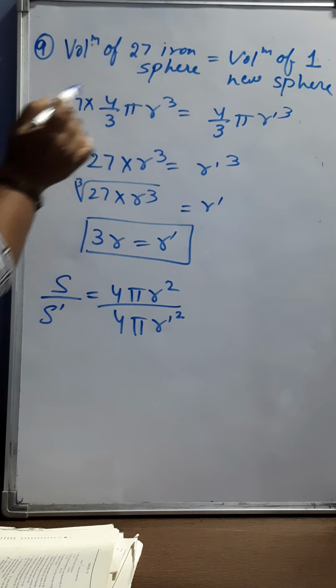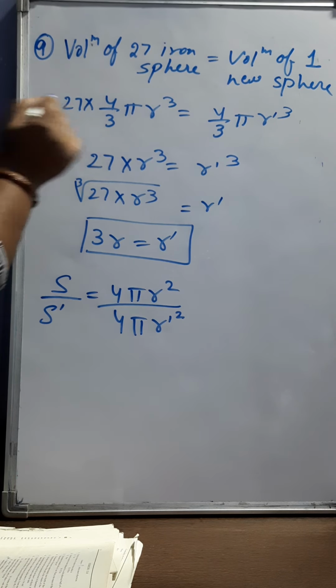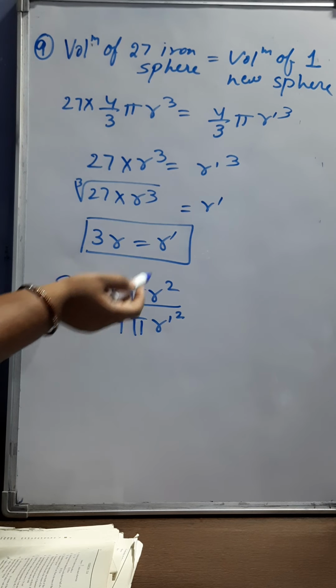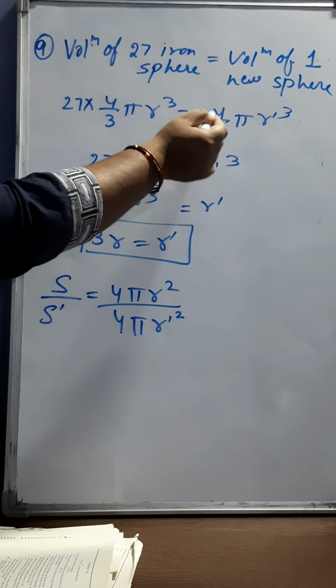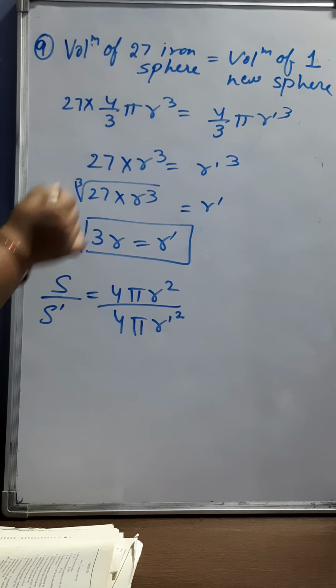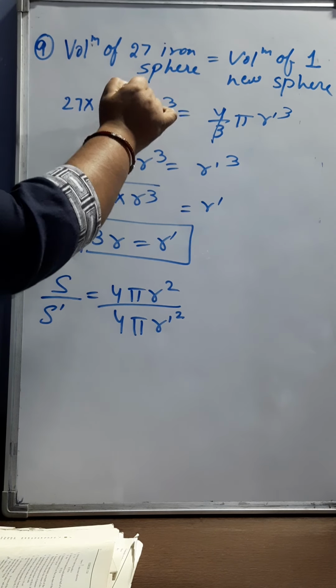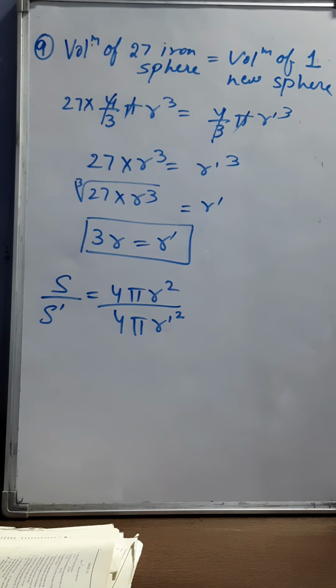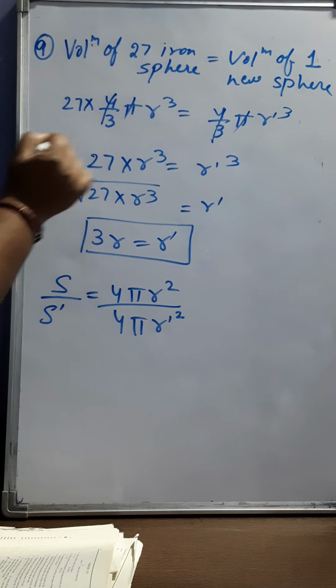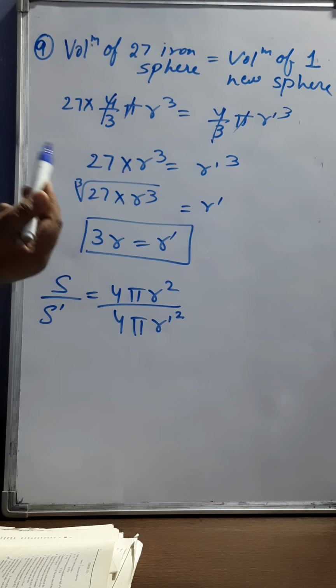So 27 multiplied by volume of one sphere, which is 4 by 3 pi r cube, should be equal to the volume of the new sphere made, 4 by 3 pi r dash cube. This 4 by 3 and pi we can cancel from both the sides. So we are left with 27 into r cube is equal to r dash cube.